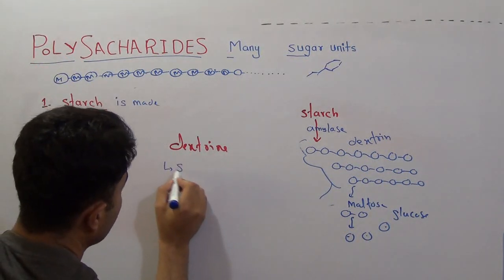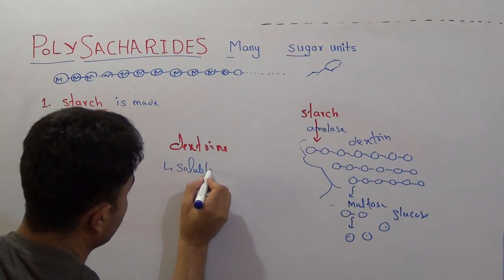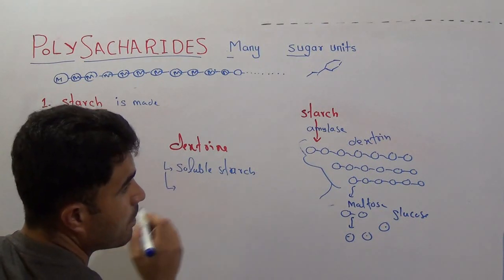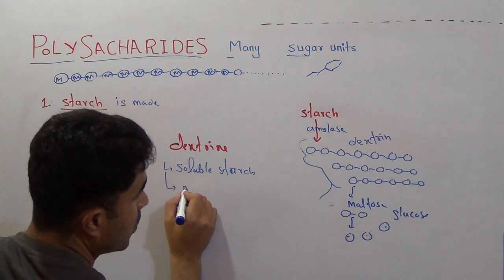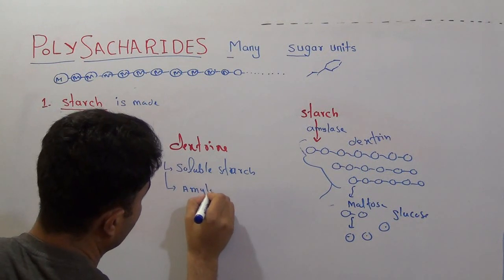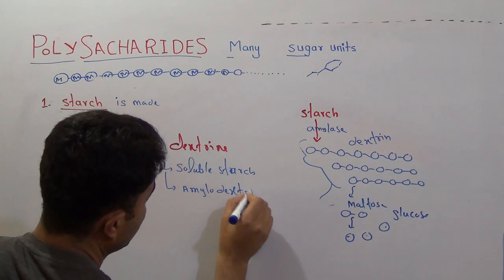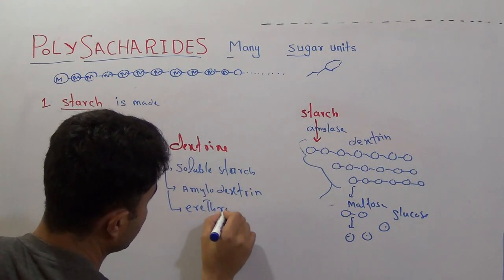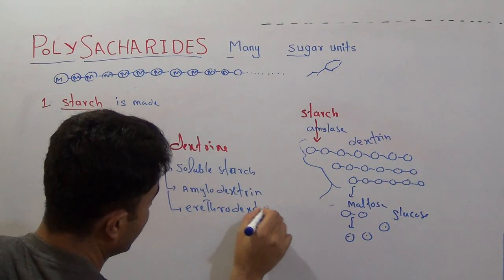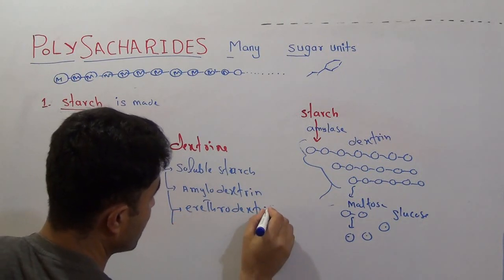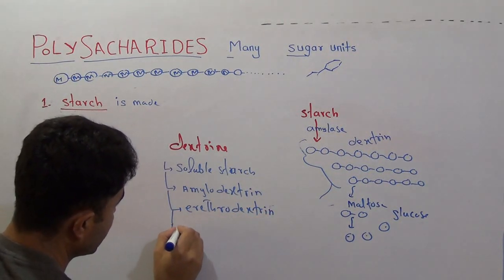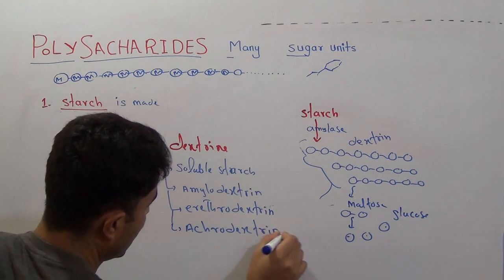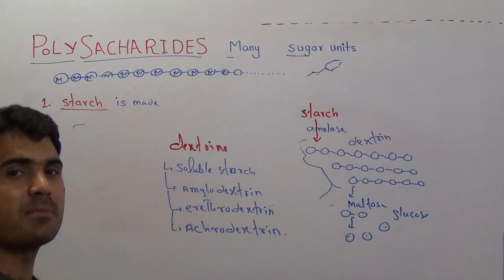Number 1 is soluble starch, the second one is called amylodextrin, the third one is erythrodextrin, and the last one is achroodextrin. Okay, there are 4 different names.